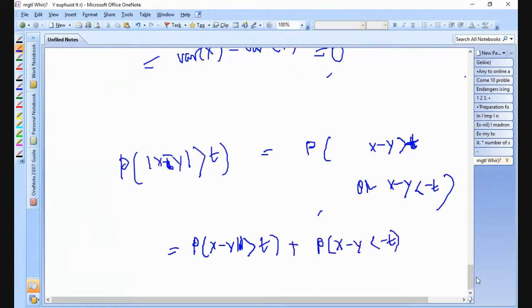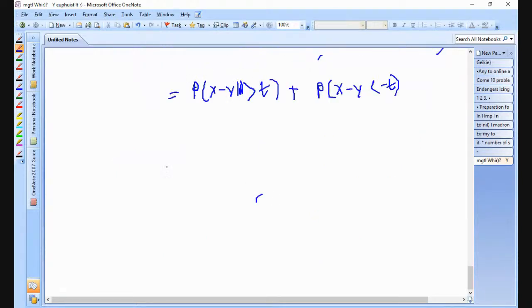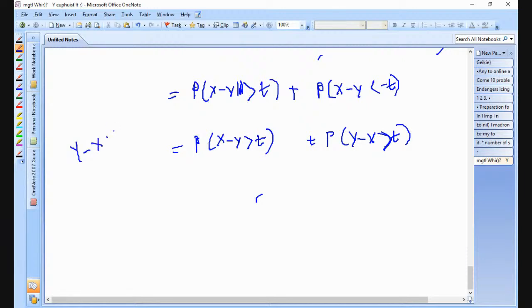We will again use the symmetricity of the random variables. Probability x minus y is greater than t is the same as probability y minus x is greater than t. And y minus x is distributed the same as x minus y, because their mean is 0 and you can easily prove that.